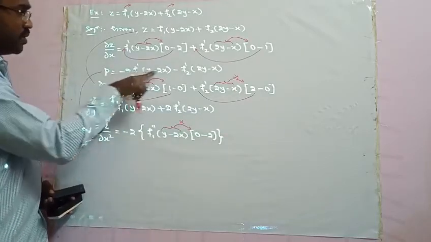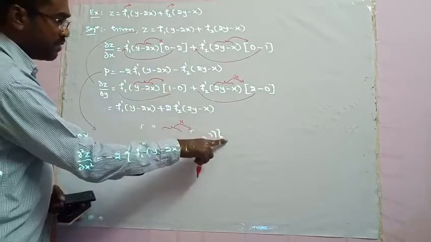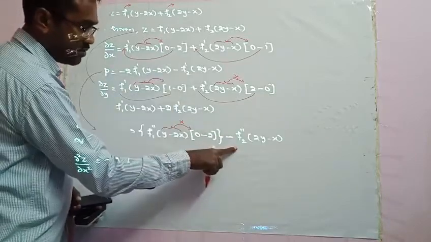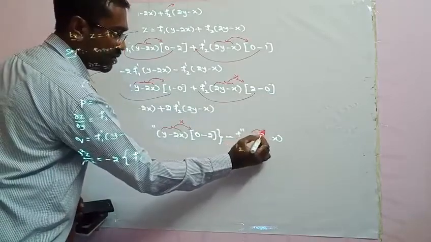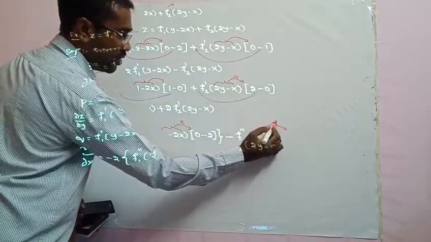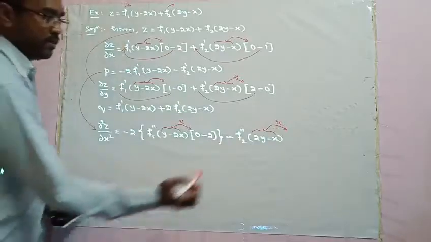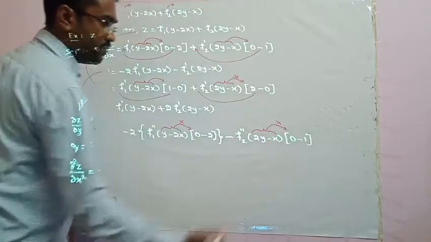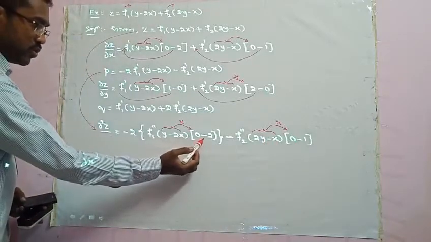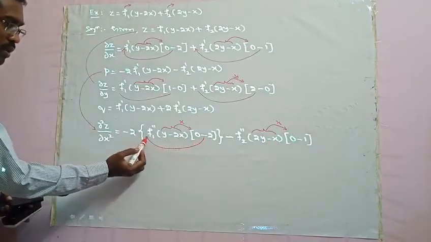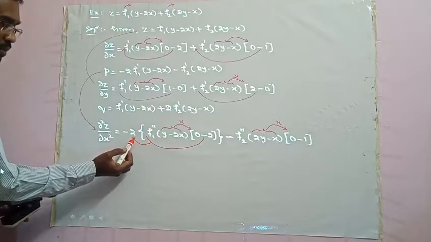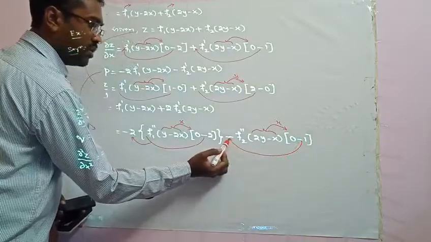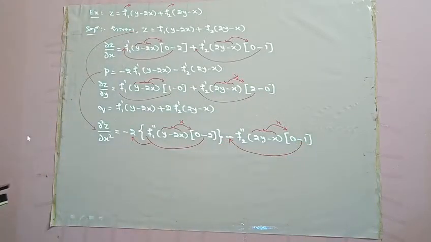Then minus differentiation of f2 dash is f2 double dash into differentiation of this with respect to x partially. Differentiation of 2y goes to 0 minus differentiation of x is 1. Now multiply this minus 2 here, and this minus 1 with this minus 1 will be plus here.